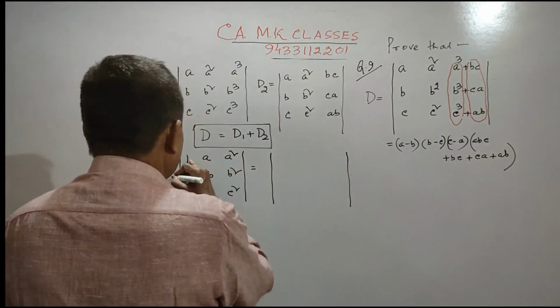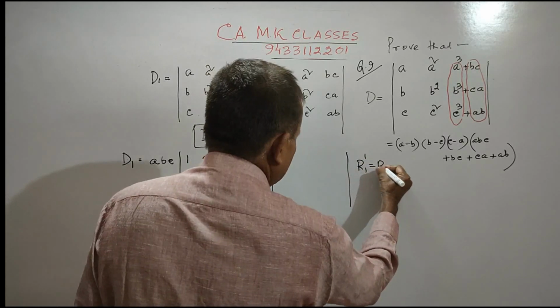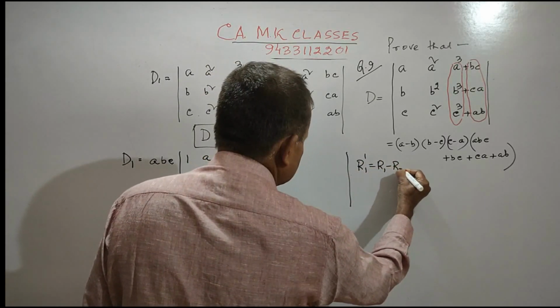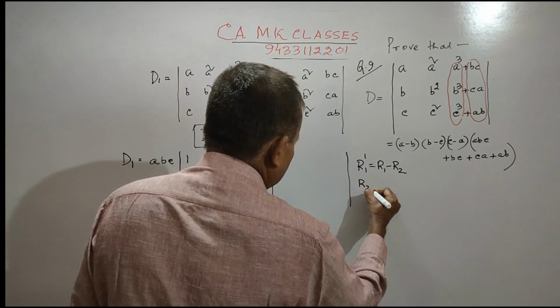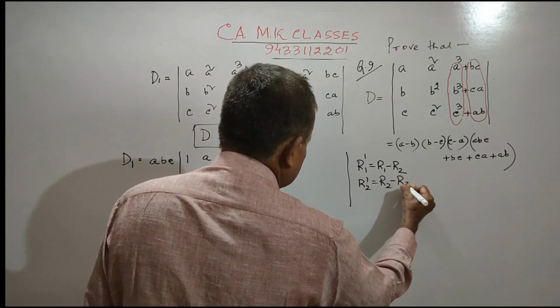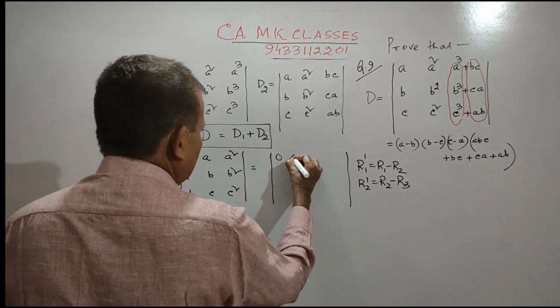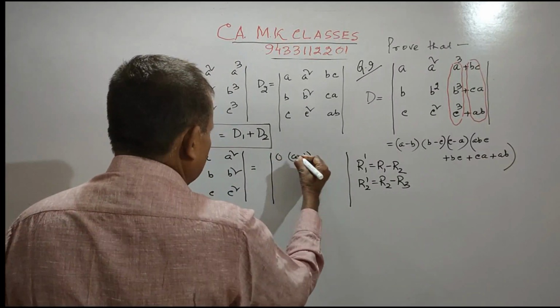Therefore I write R1' equal to R1 minus R2, R2' equal to R2 minus R3. So 1 minus 1 is 0, a minus b.